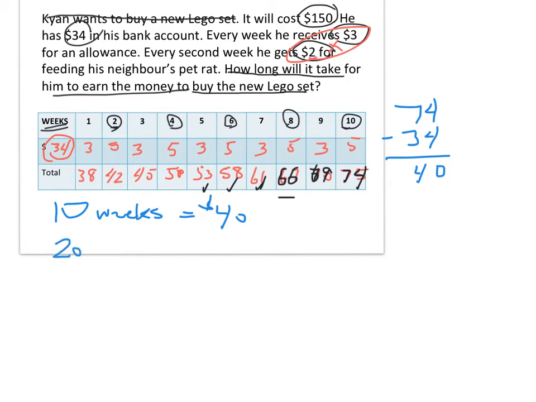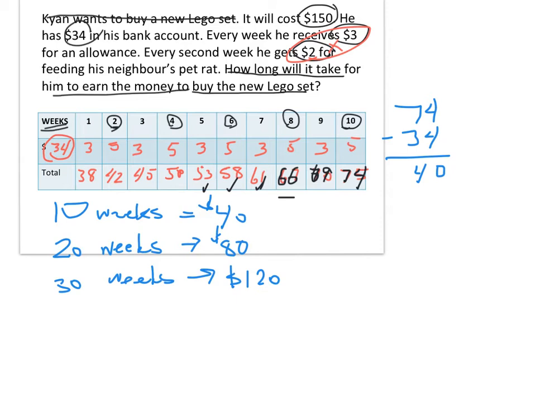So I know that after 20 weeks, Kyan now has $80. And I know that after 30 weeks, Kyan has earned 120. This isn't how much he has, this is just what he's earned.